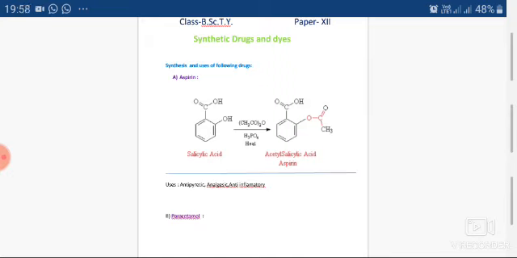This salicylic acid, on reaction with acetic anhydride or acetyl chloride in presence of orthophosphoric acid, gives you acetyl salicylic acid, that is aspirin.